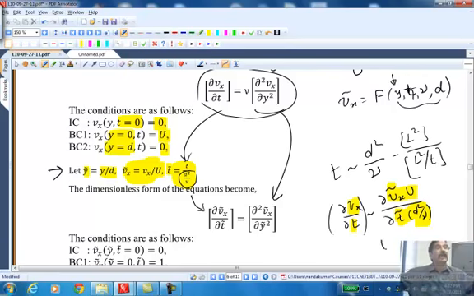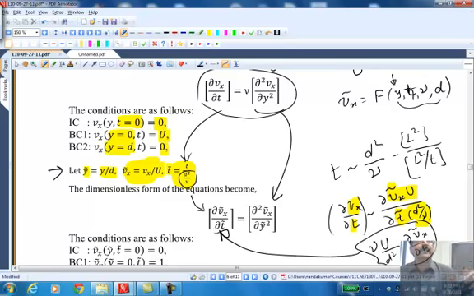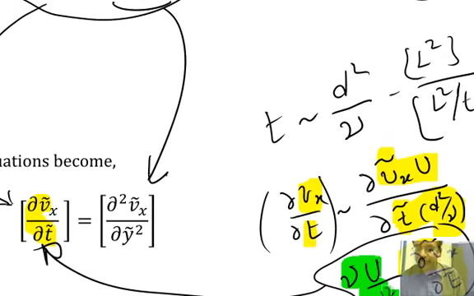So you will get u divided by d square over nu times dvx tilde dt tilde. That is the left hand side. You can recognize on the left hand side dvx tilde dt tilde is the same as this, but it has a group of numbers which are all known numbers, u, nu, d squared.